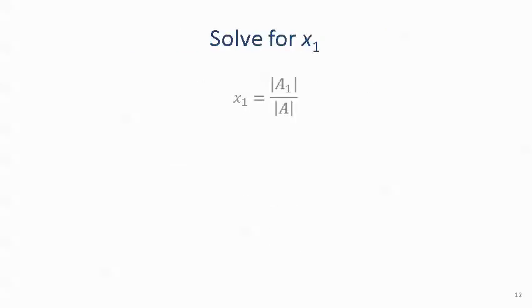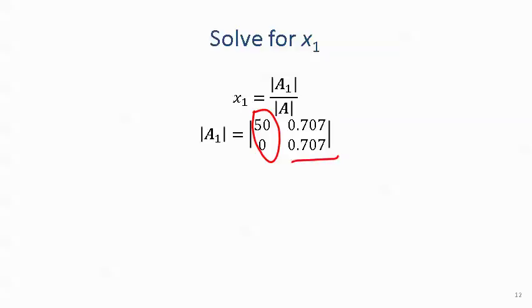So solving for x1, the result vector 50, 0 is substituted into the first column. The second column remains untouched, and we calculate the determinant. 50 times 0.707 minus 0 times 0.707 will give us 35.355, or 35.36.